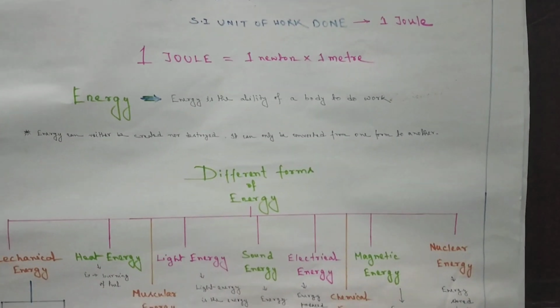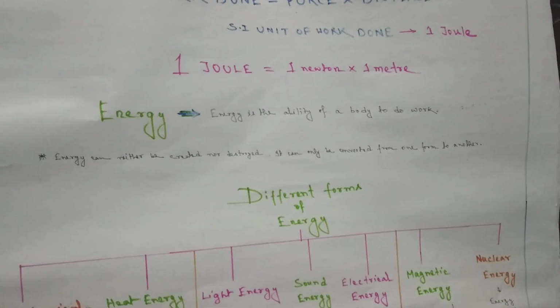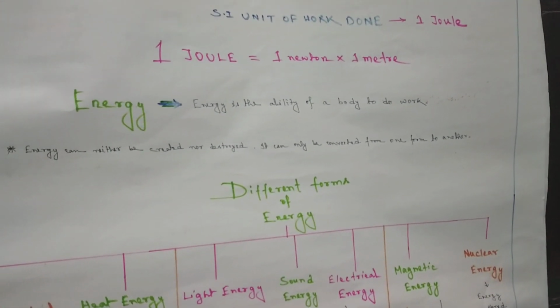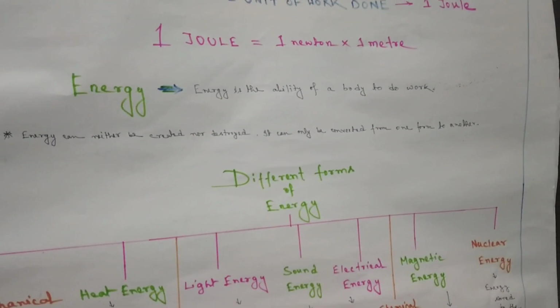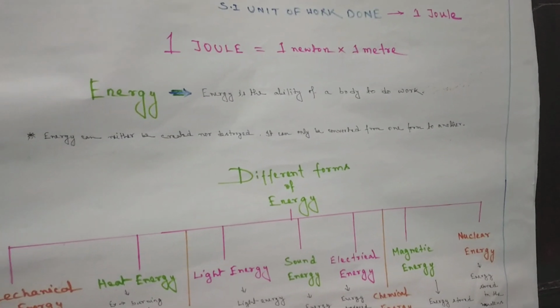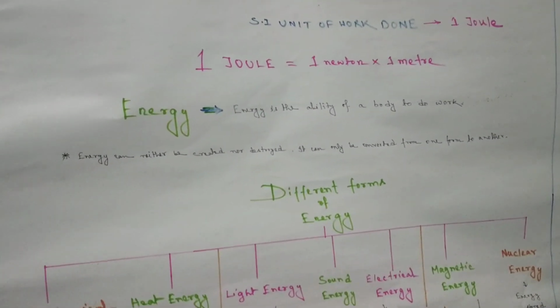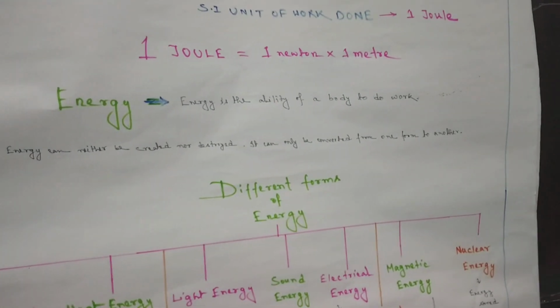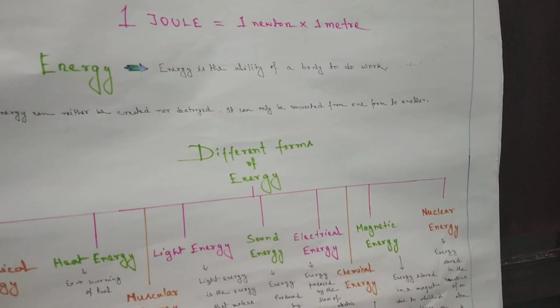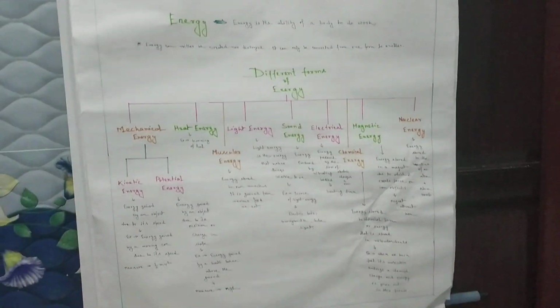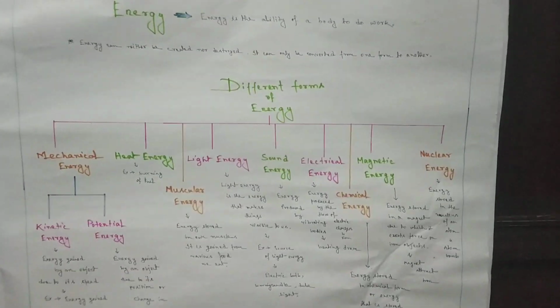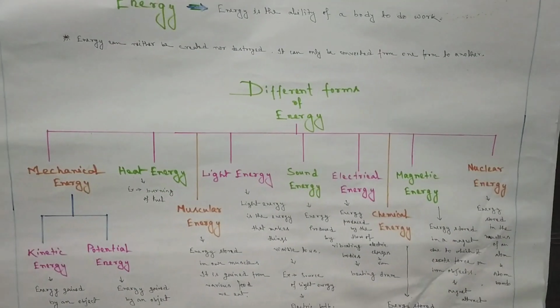And the point that should be noted is that energy cannot be created or destroyed. Energy can be converted from one form to another form. So that is something which should be remembered about energy.